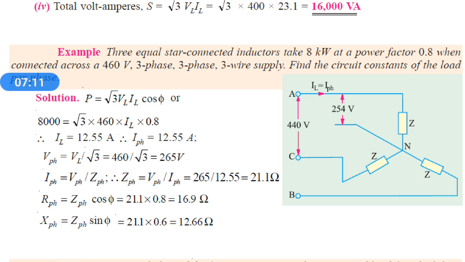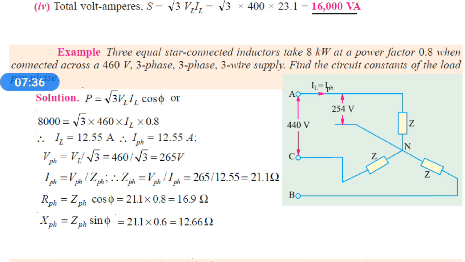So 8000 equal to root 3 into 460 into IL into 0.8. Taking IL outside, IL equal to 8000 divided by root 3 into 460 into 0.8. We get the answer IL equal to 12.55 ampere.